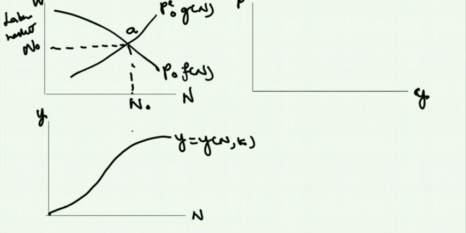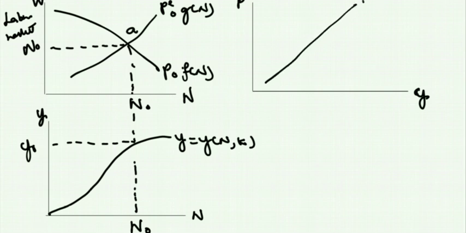So M0, Y0. So here we have current aggregate supply with current price, P0, Y0.